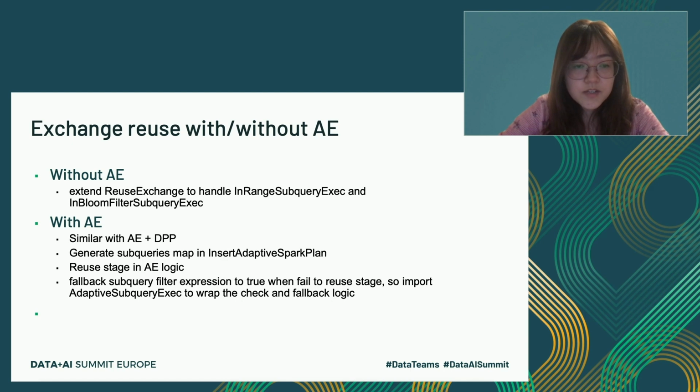Firstly, we generate the subquery map in the insert adaptive Spark plan rule, and then we reuse stages in the AE logic. When we need to fall back the stage reuse, we fall back the subquery filter expression to true, which is implemented in the adaptive subquery exec.